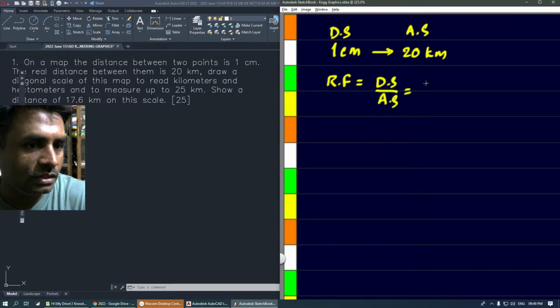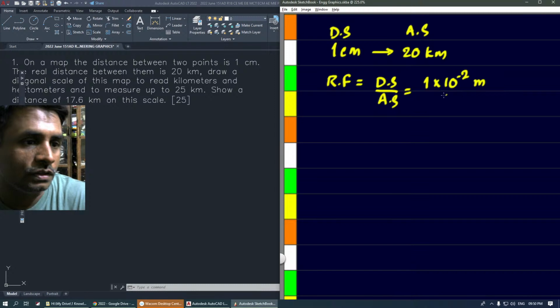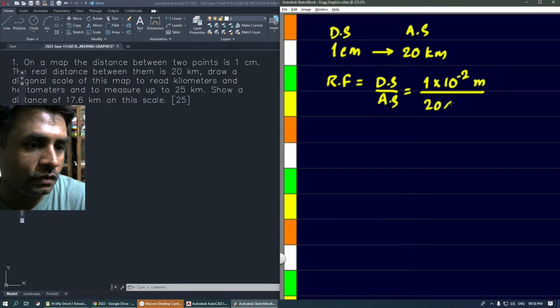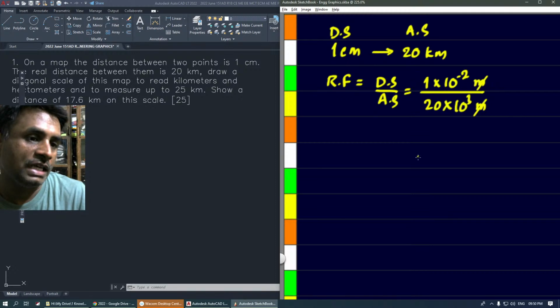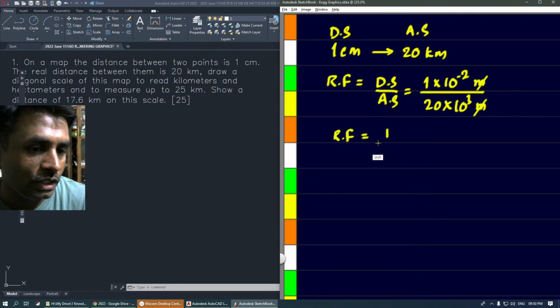The drawing size here is 1 centimeter, and 1 centimeter can be written as centi, which is 10 power minus 2, times meters. And we have 20 kilometers, and kilo we know is 10 power 3, times meters. The units get cancelled, and we are just left with the RF value, which is 1 by 2 into 10 power 4 plus 2, that is 6.